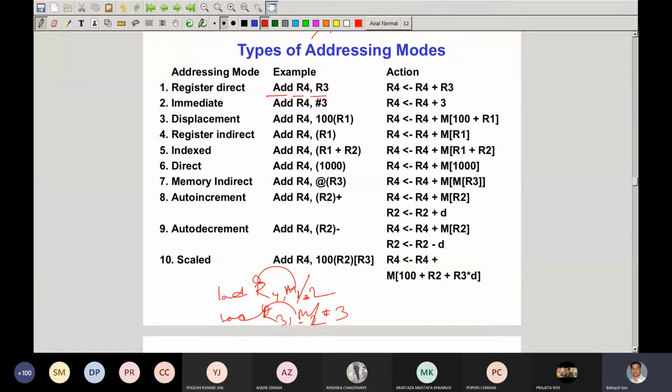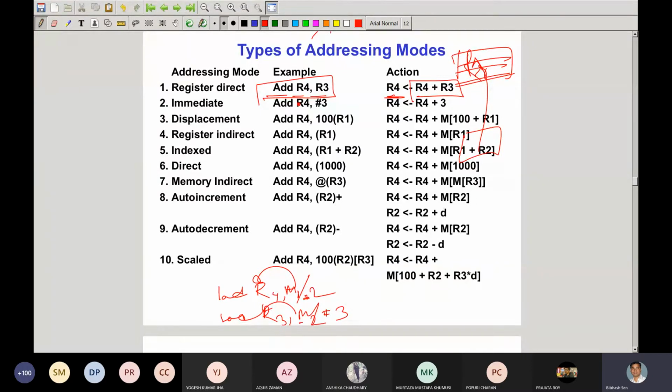In this case, the register value is accessed directly, where the effective address means that the data is always present in the register. That means whenever you write this type of instruction, the CPU understands what to do: go directly to the register bank to get the data.